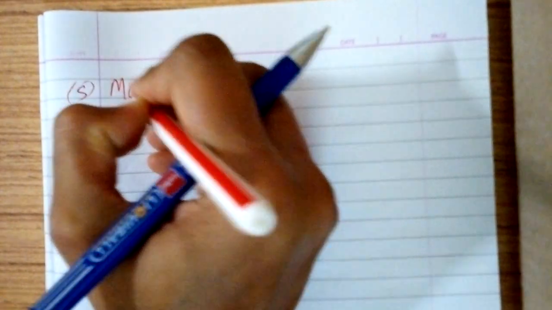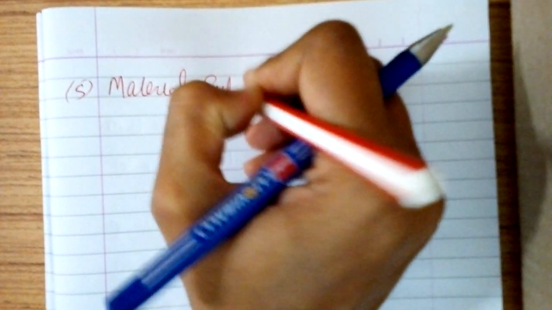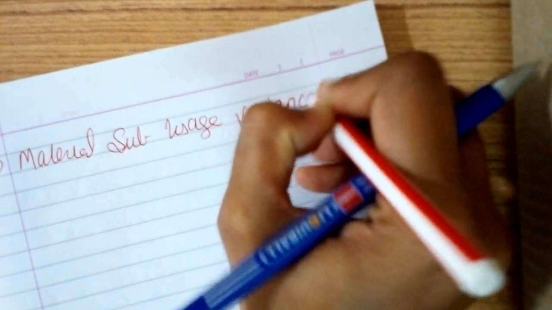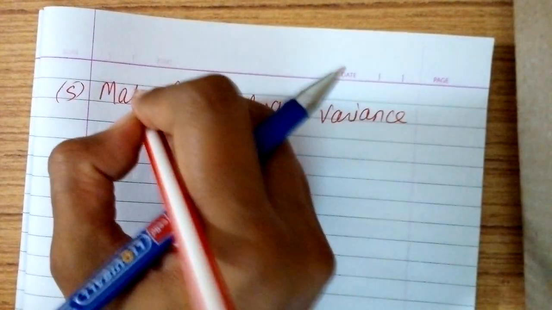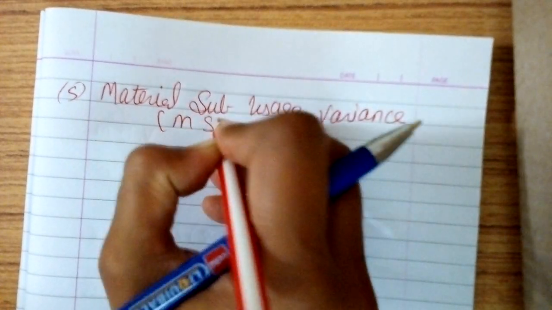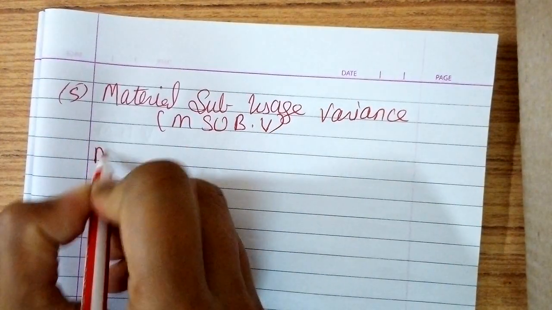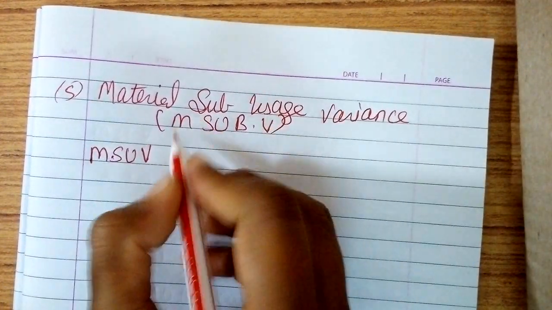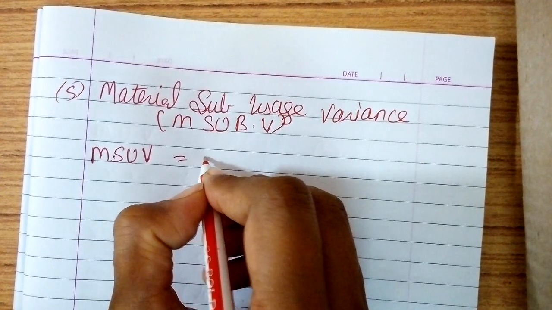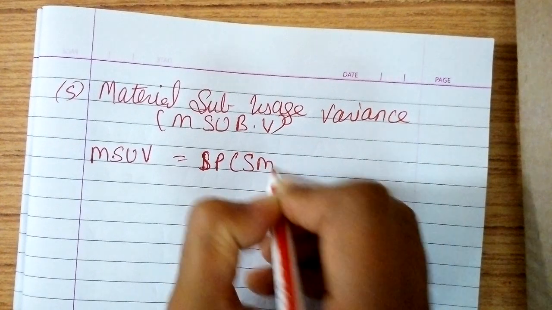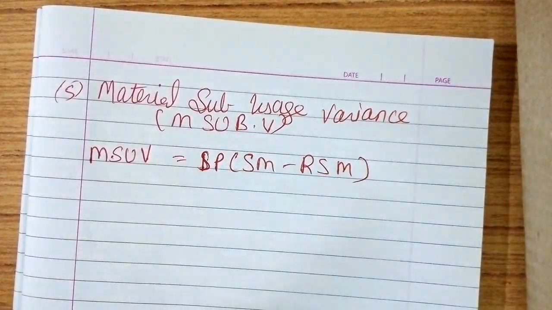And last but not the least, that is material sub-usage variance. Okay, so that is MSUV, sub-usage variance. Formula: MSUV equals standard price into standard mix minus revised standard mix.